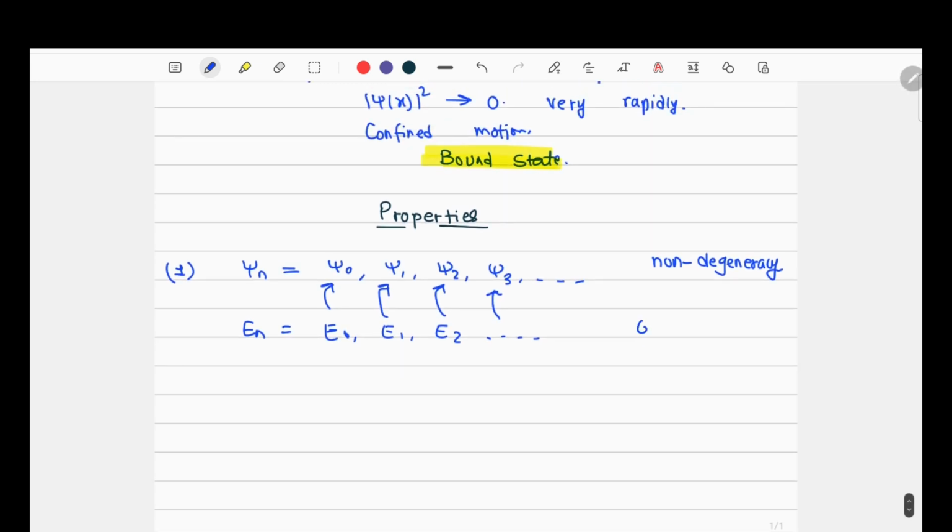Now due to which the geometric multiplicity of 1D bound states is 1. That is, if you talk about xi n's geometric multiplicity, it is 1 because it is a non-degenerate state. Now for example you may talk about 1D potential.